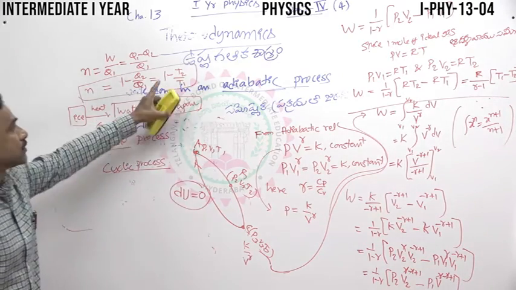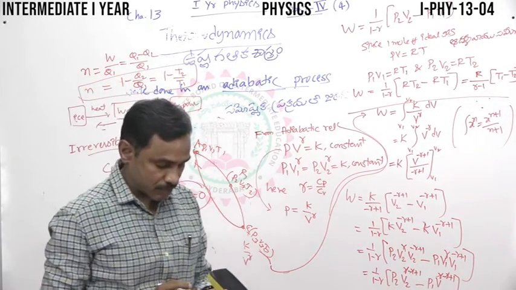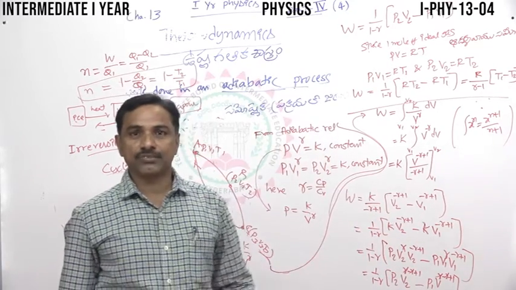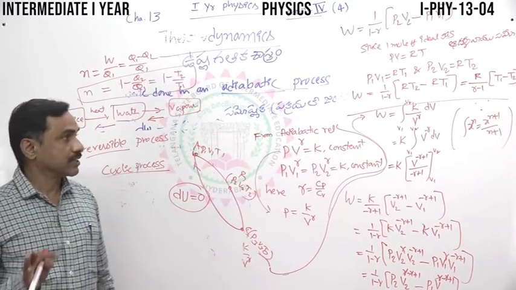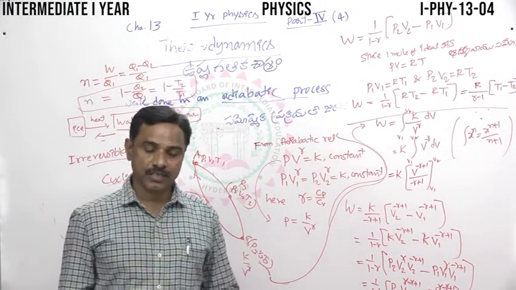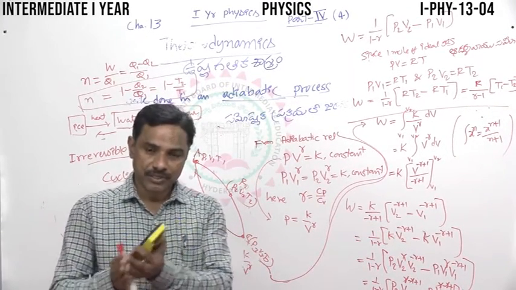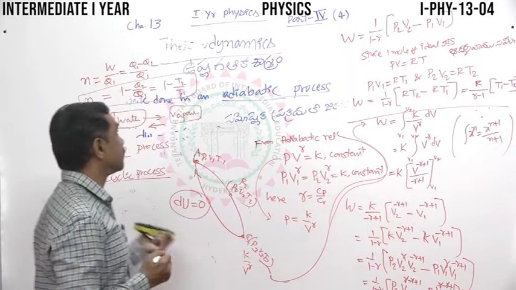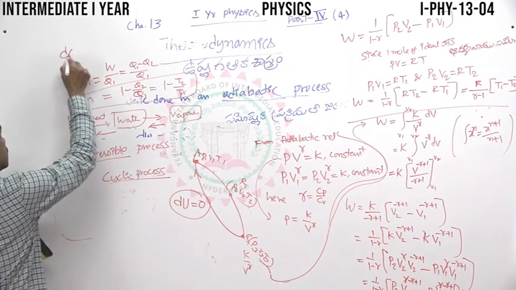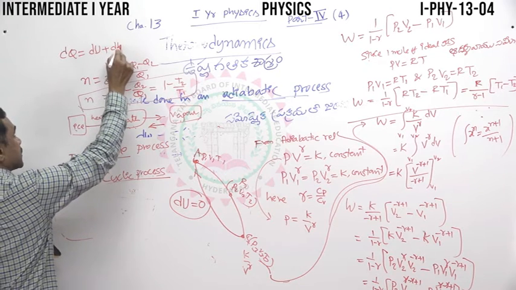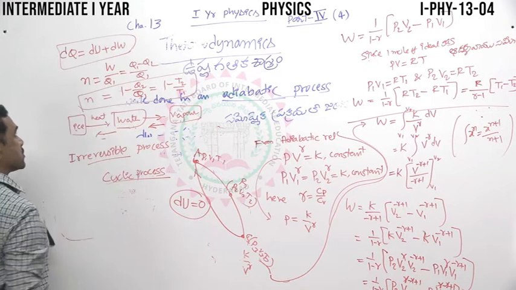Why? Because of the second law of thermodynamics. I have to introduce that. What is the second law of thermodynamics? First, the first law of thermodynamics is a direct consequence of the law of conservation of energy. Heat supplied is used to increase the internal energy and also to do the external work. This is a reminder: the first law says dQ equals the increase in internal energy plus the external work done by the system, isn't it?